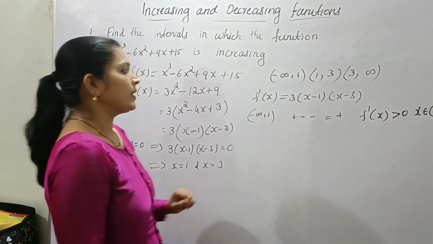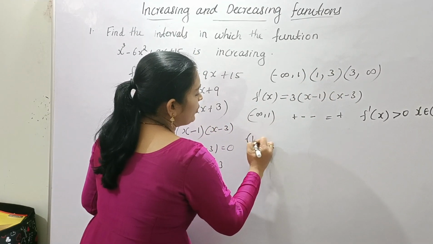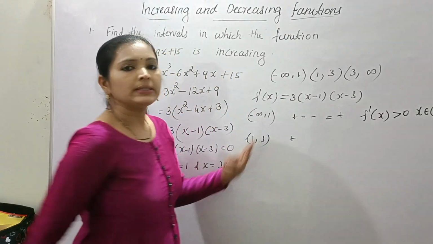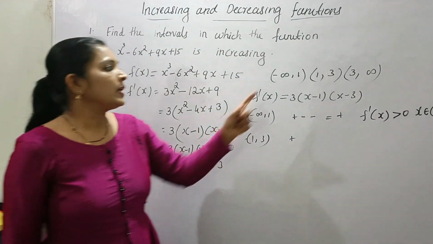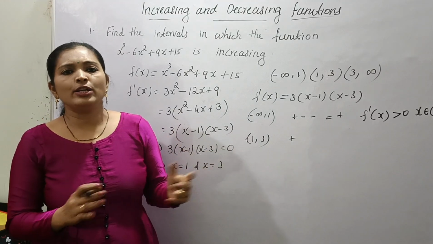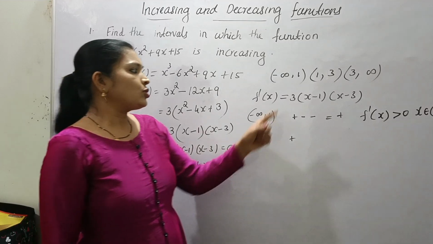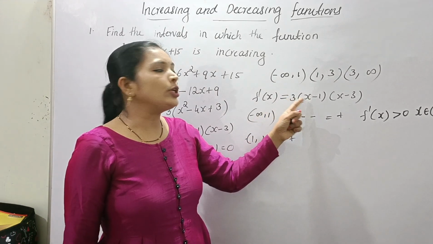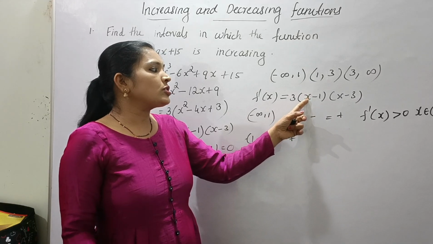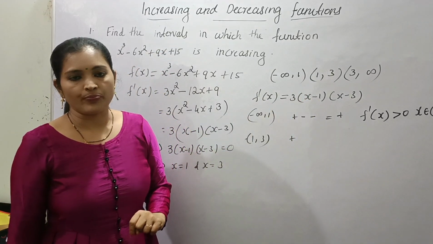Then next, in this interval 1 to 3, the first term is always positive, right? 3 is a positive number here. Then for 1 to 3, we know that the values between 1 and 3 are positive. If you substitute x is equal to 2, what will you get? 2 minus 1 is 1, that is positive.